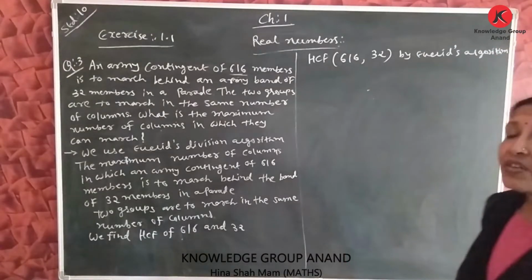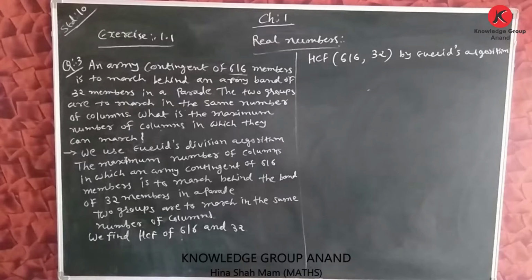What is Euclid's algorithm? We take the larger number and divide by the smaller number, then it is in the form a equals bq plus r.